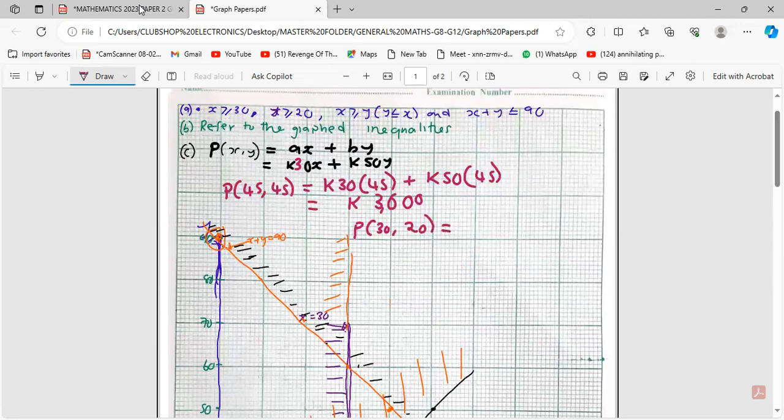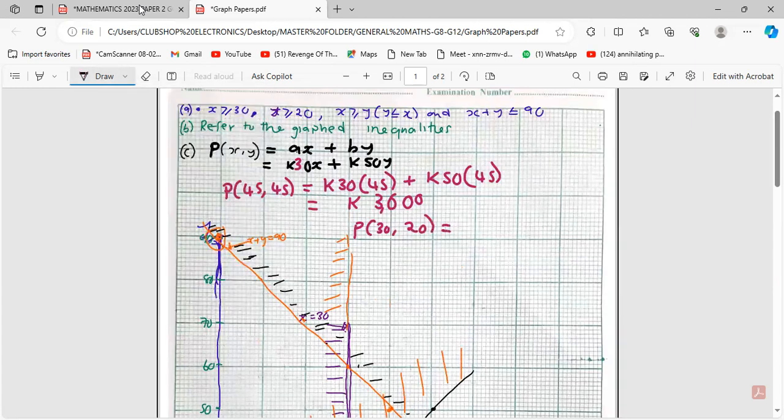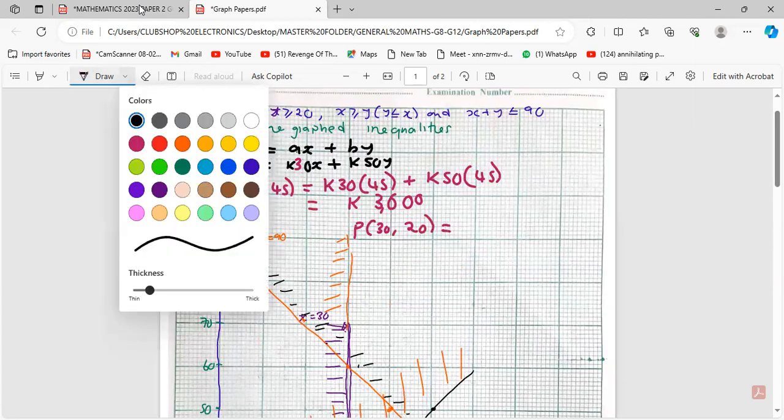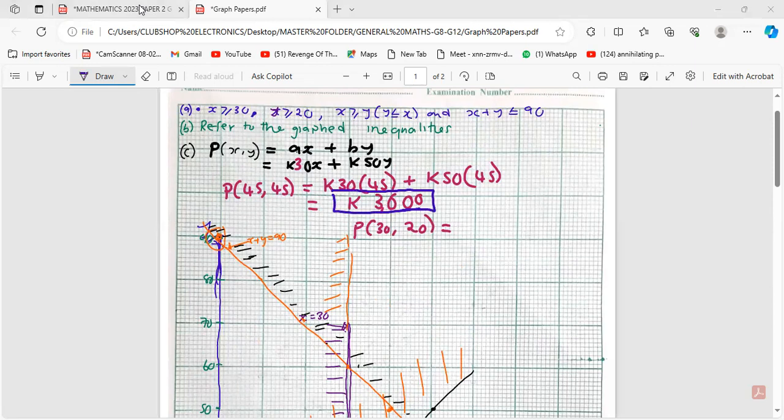You can do the same with all the points. But when you do that, the maximum, the highest amount is this one. You can check all of them. Actually, that's what you're supposed to do. Check all of them. The maximum amount will be this. Maximum profit.